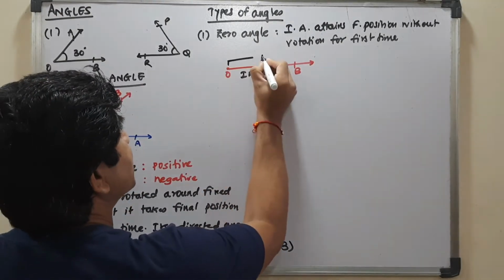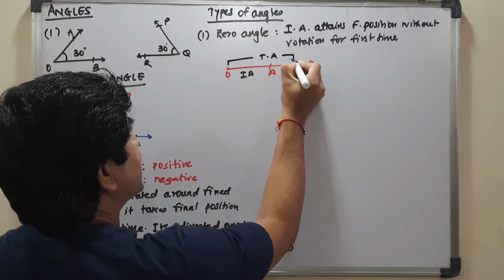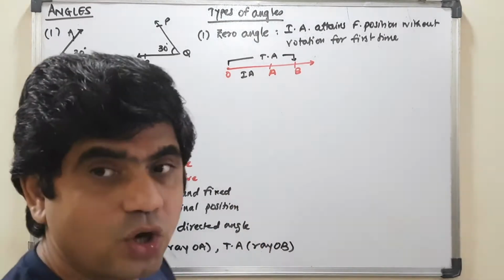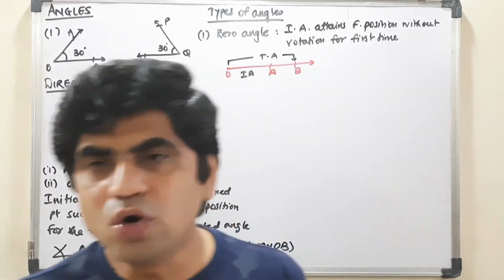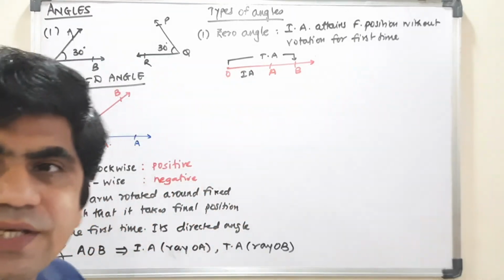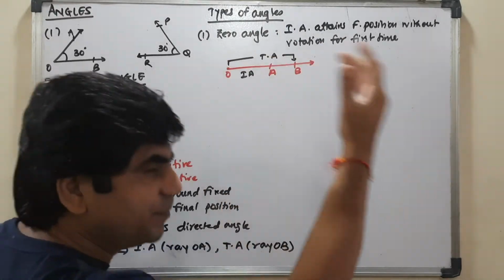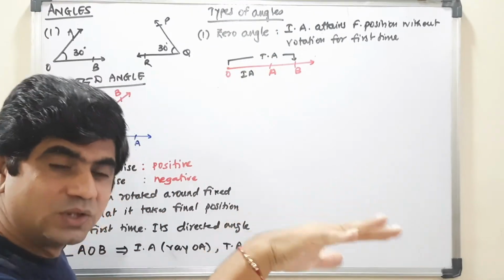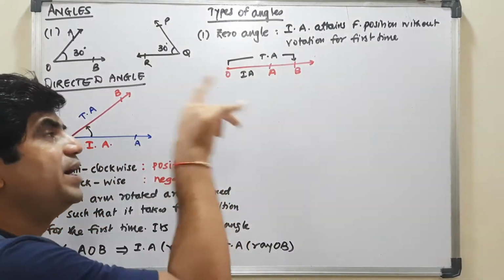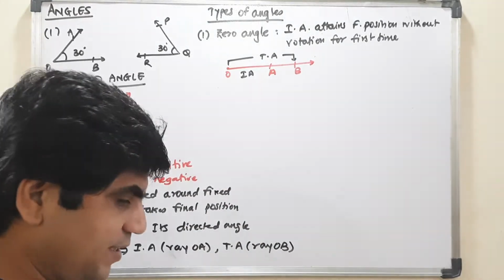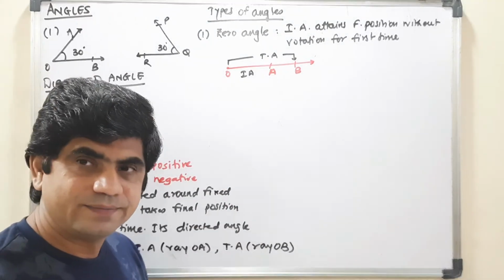But there is no rotation at all. So obviously, since rotation is not there, the initial arm and terminal arm are the same. In that case, we define the angle to be a zero angle.